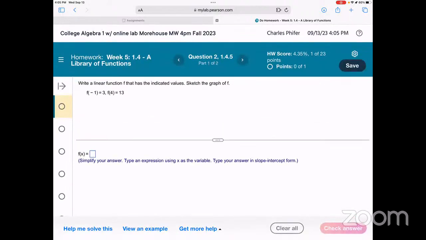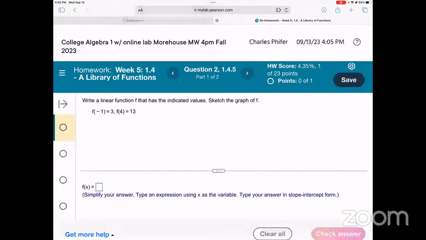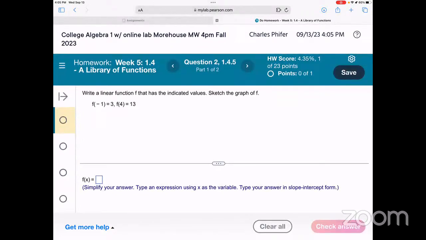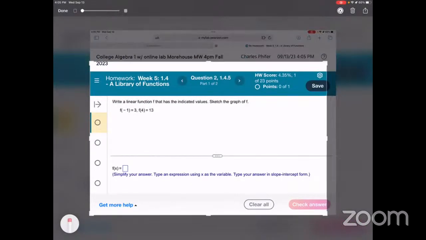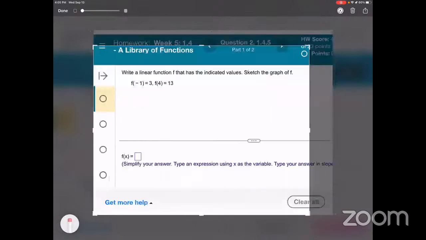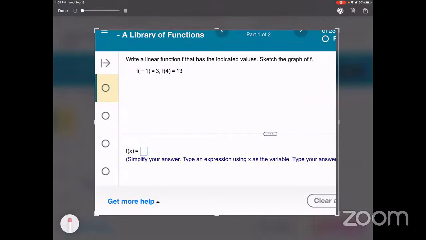Let me try this again. There we go. Let's zoom in just a little bit. That looks good. Can I revert?